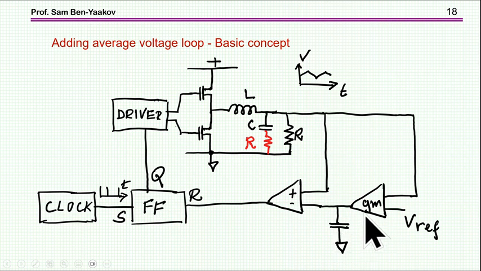So this is like a type 1 compensator, a dominant pole compensator, which is just looking at the DC, because this capacitor is sort of averaging out all the ripple. And so this now will help to move back the value of the DC to the reference value, which is this reference value. Okay? So this is added to correct the error of the DC.